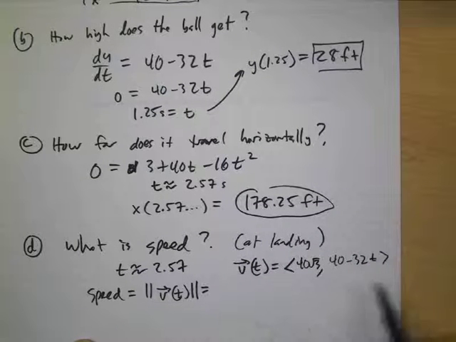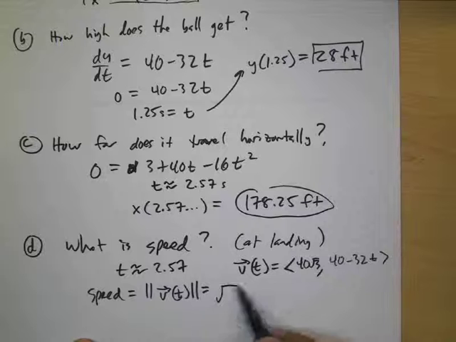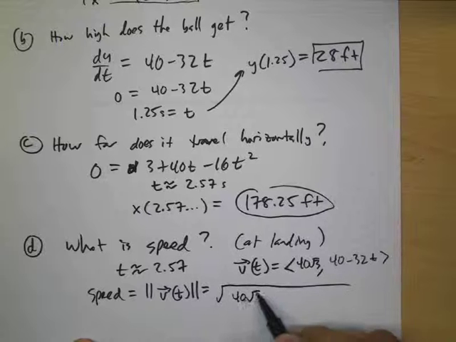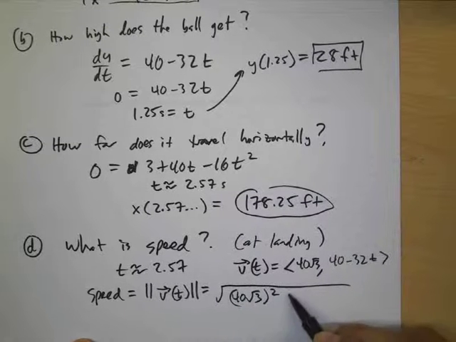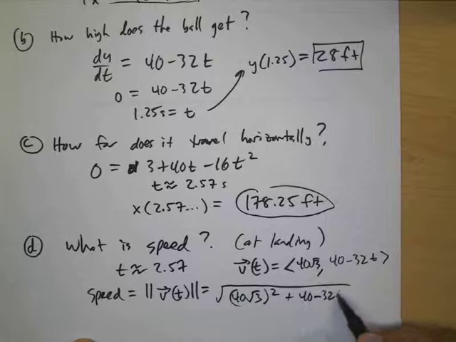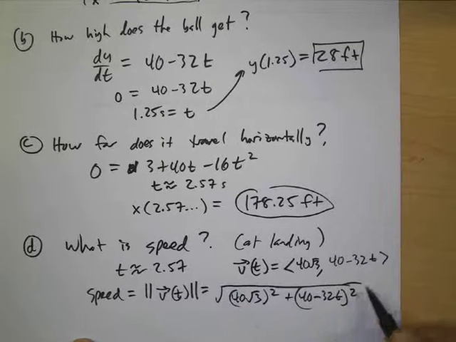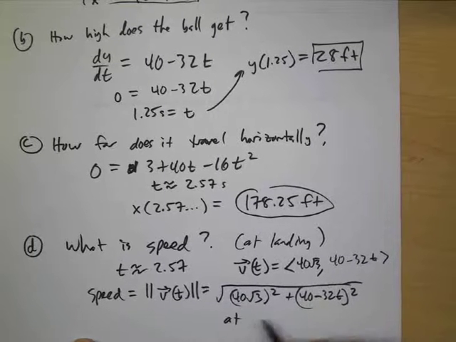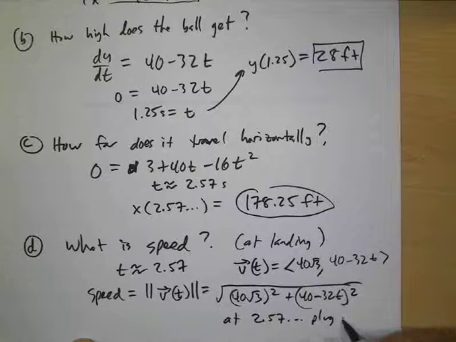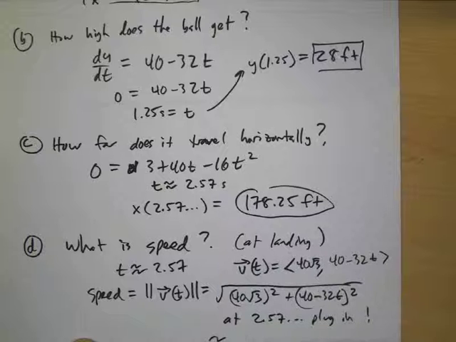So that's what you're going to do here, square root of all that. But this is at what time? At 2.57, right? So plug in. I know I'm running out of time. And we get approximately 81.19 feet per second.